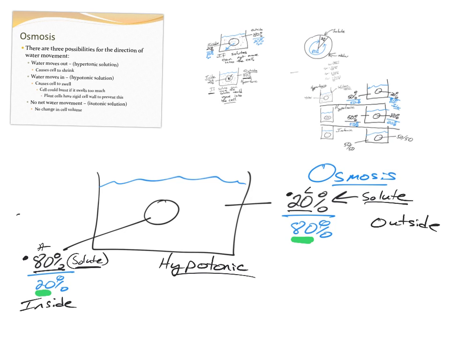It's 20% inside and 80% outside. So you're going to get the movement of water from outside to inside. Water's higher outside, lower inside, so water's going to move from high to low, from outside to inside.